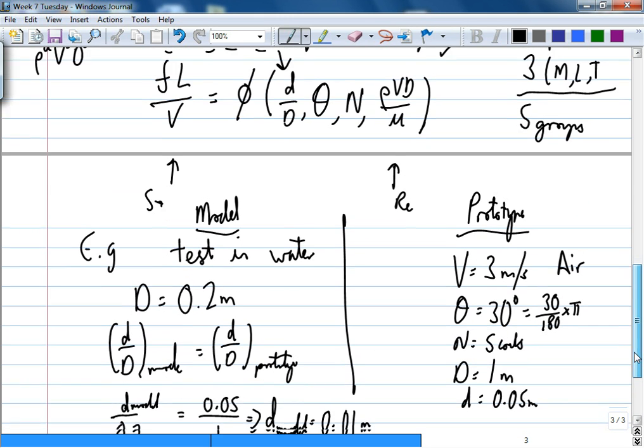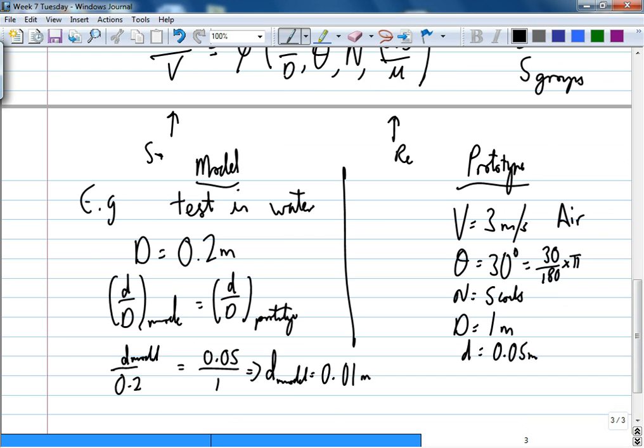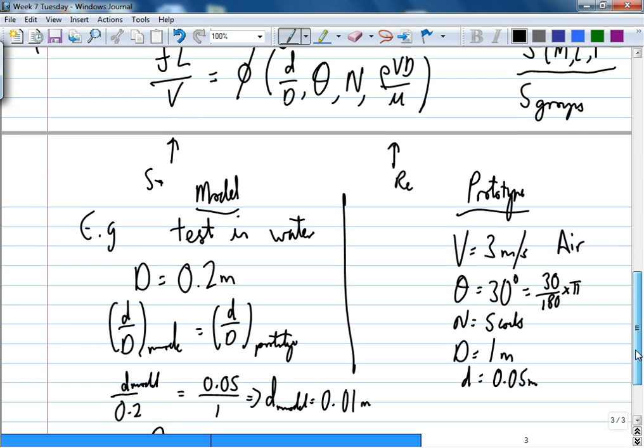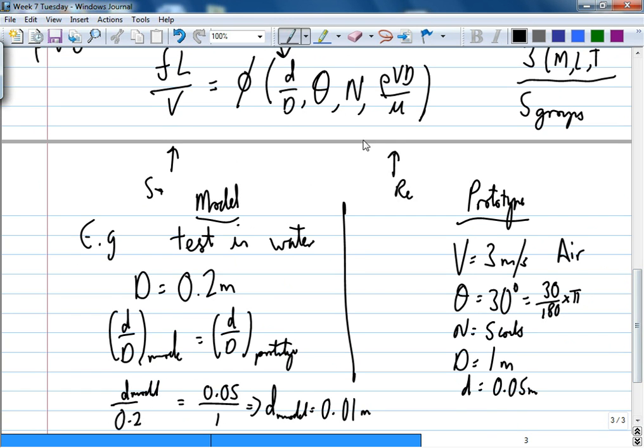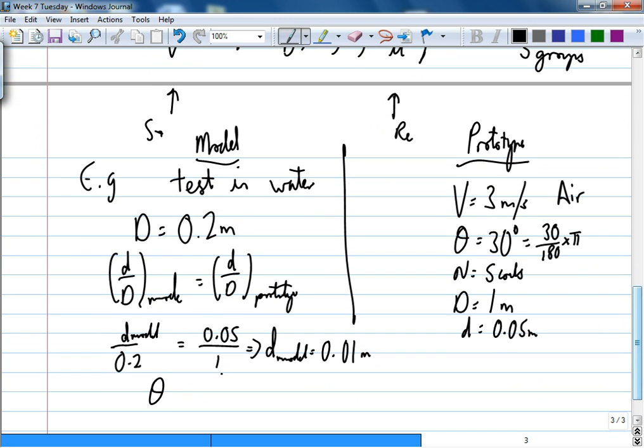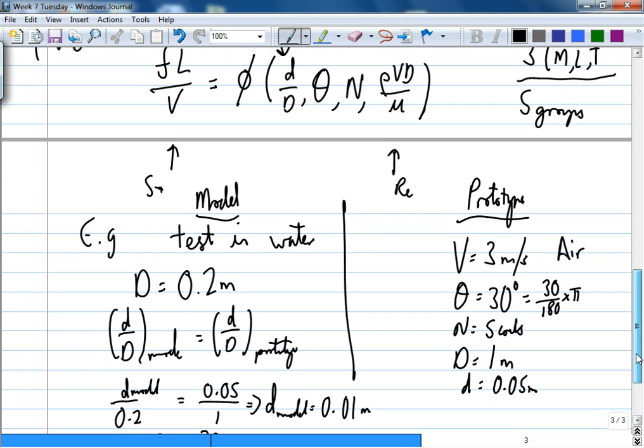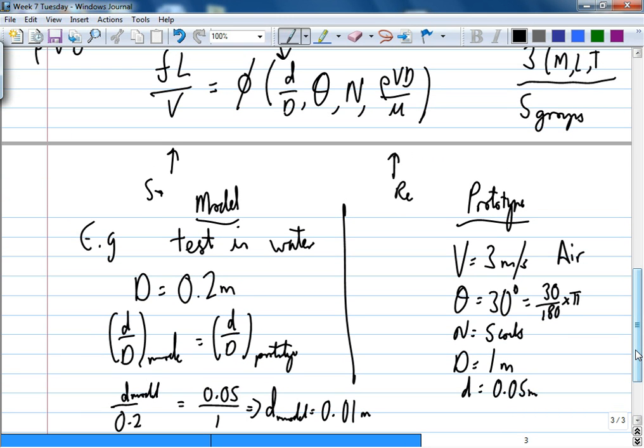Now, if theta here is 30 degrees, what's the value of theta here? Same. Who says not same? 30 over 180 times pi. If you haven't figured out what we're doing here, we are matching all the dimensionless input parameters in both prototype and model.